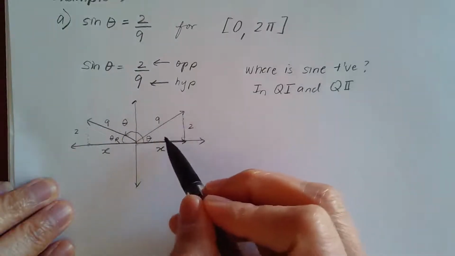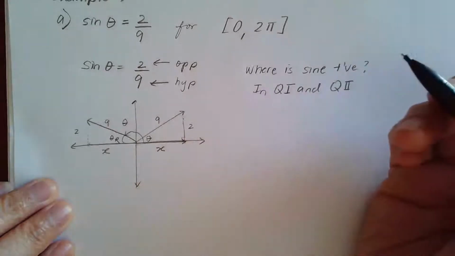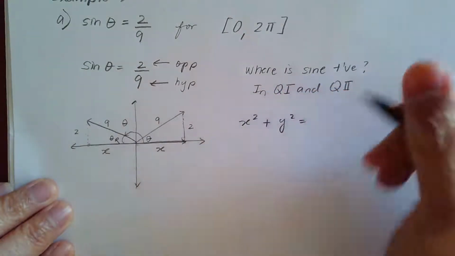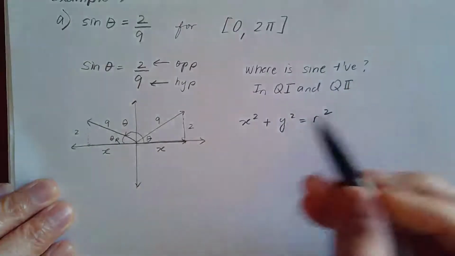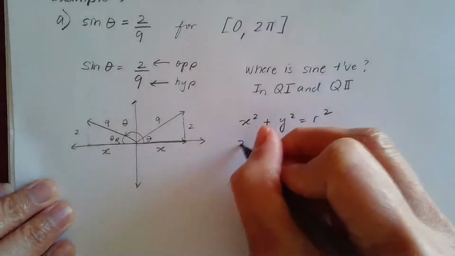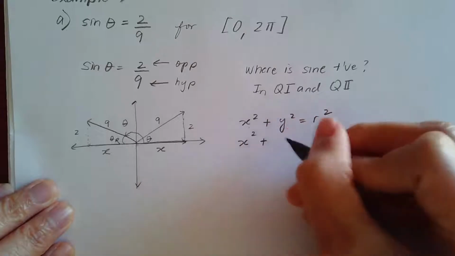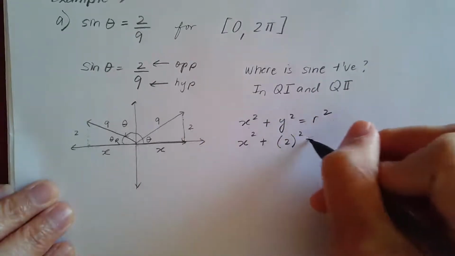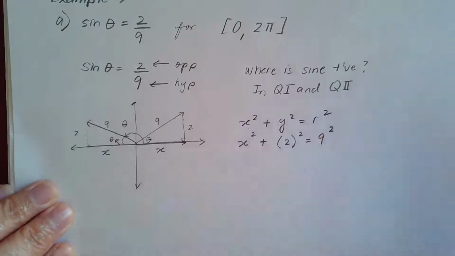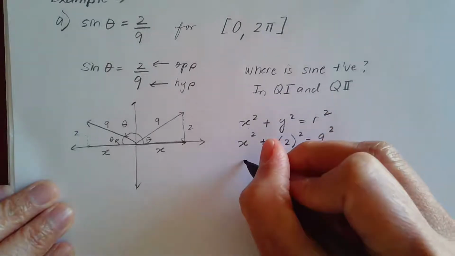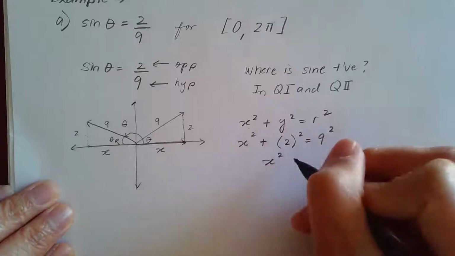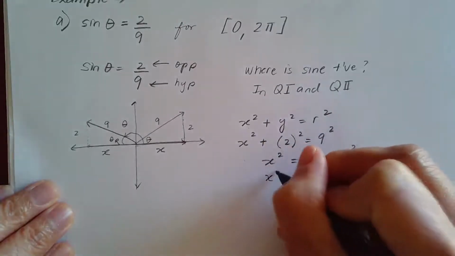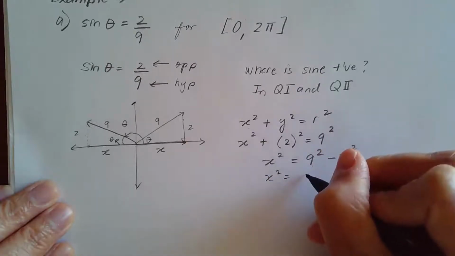We could go like this: x squared plus y squared is equal to r squared. So x we don't know. x squared plus 2 squared is equal to 9 squared. So that's going to give us x squared is equal to 9 squared minus 2 squared, which is 81 minus 4.